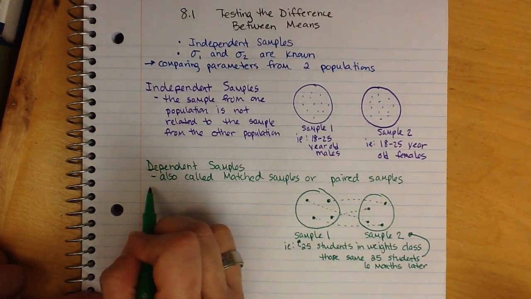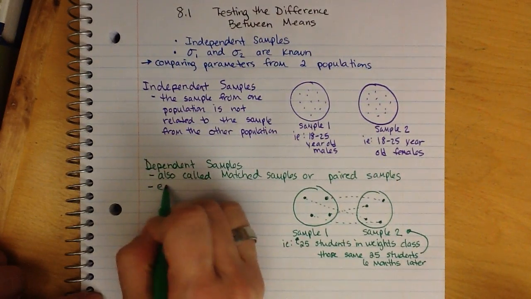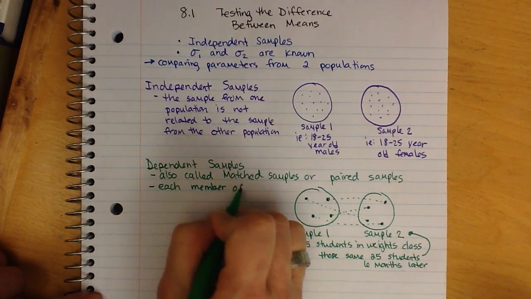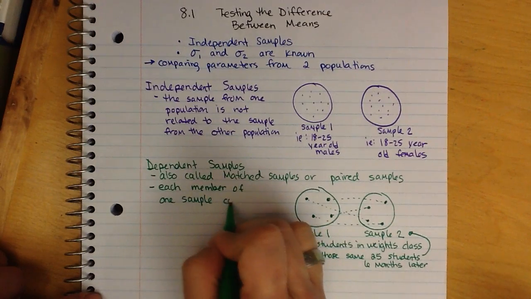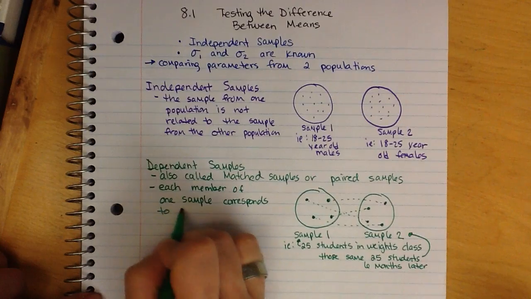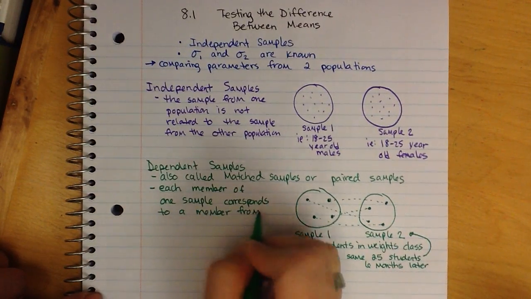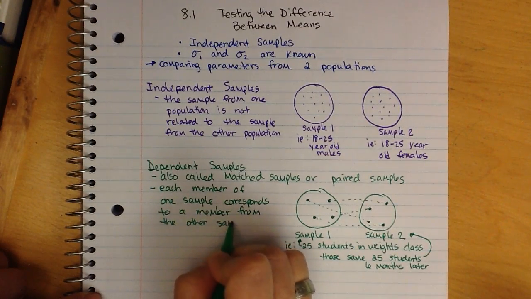So in a dependent sample, which is also called matched samples or paired samples, each member or data value of one sample corresponds to a member from the other sample.